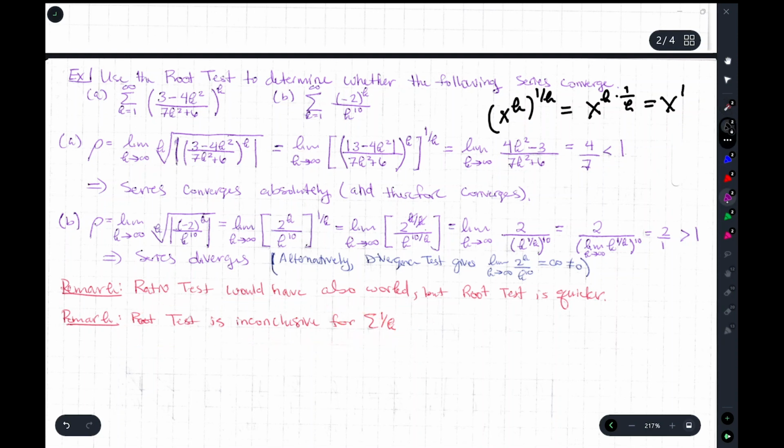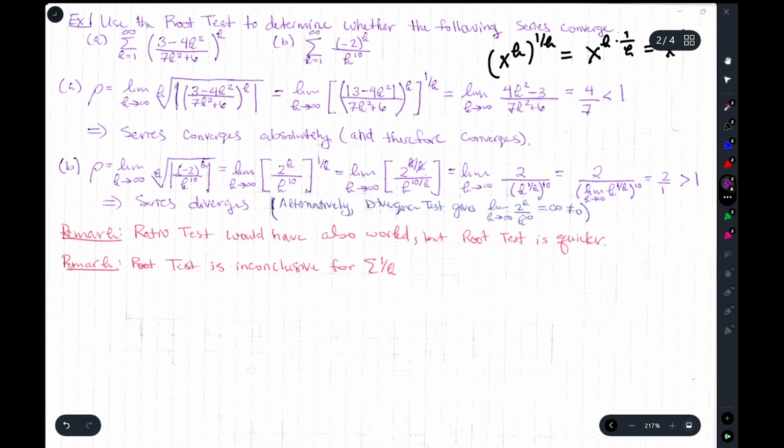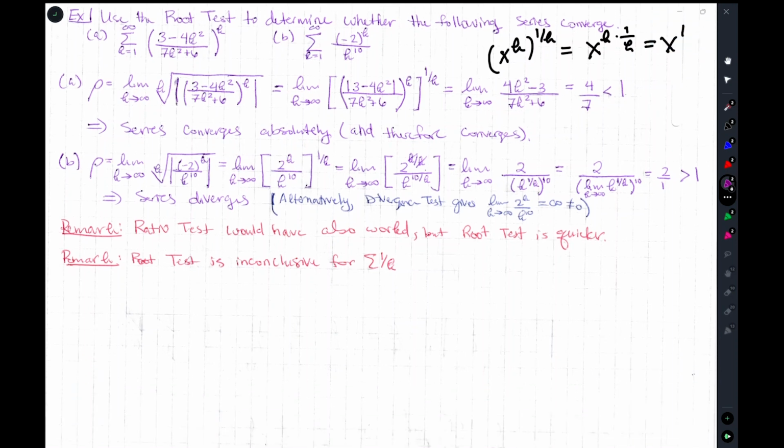To see why it would be inconclusive, although it's one of these typical examples, we'll go ahead and do it. This k raised to the power 1 over k is the infinity to the power 0 indeterminate form.